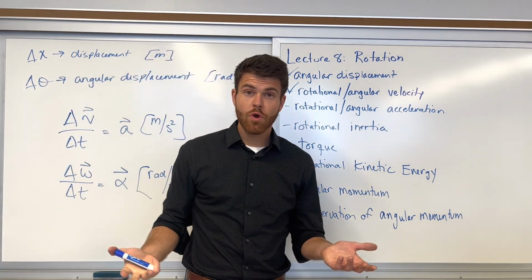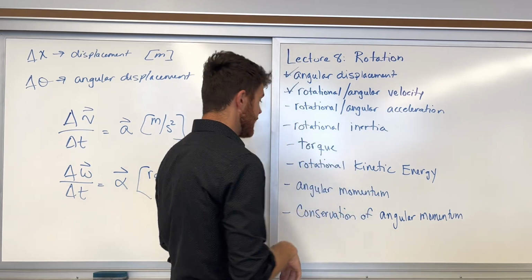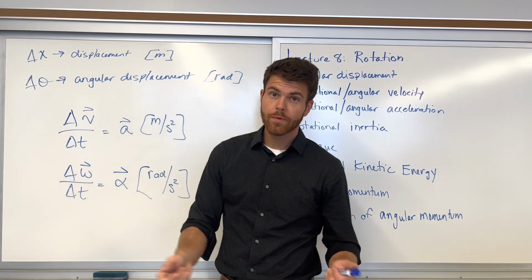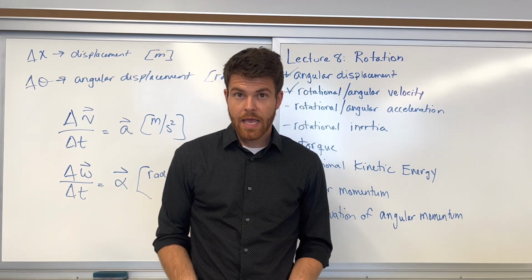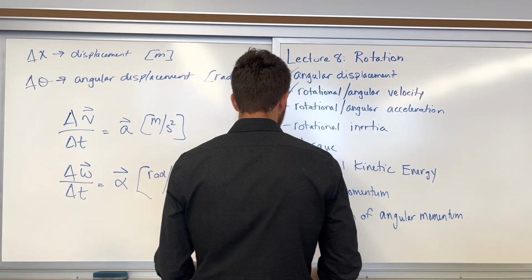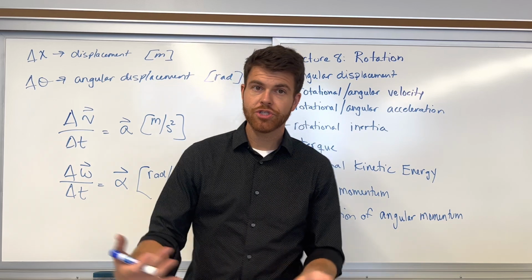So if an object is rotating at a constant rate, it has an angular acceleration of 0, because it's not speeding up or slowing down. However, if an object is at rest and then starts to rotate, it must have an angular acceleration because its angular velocity is changing.